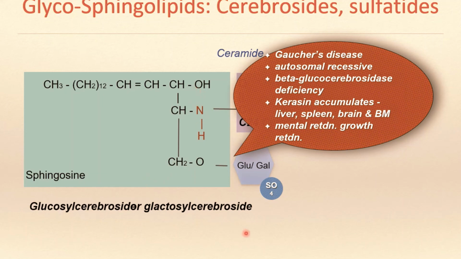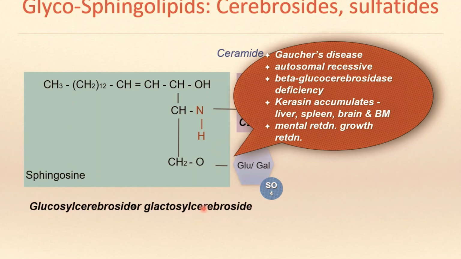Now, if these degradative enzymes are deficient, we get different diseases. One of them is Gaucher's disease. It is an autosomal recessive disease whereby the enzyme beta glucocerebrosidase is deficient, and there will be accumulation of this cerebroside, kerasin, in the liver, spleen, brain and bone marrow.